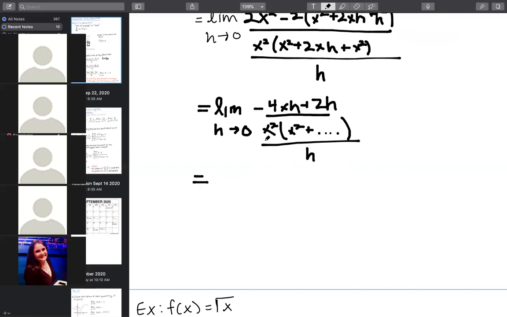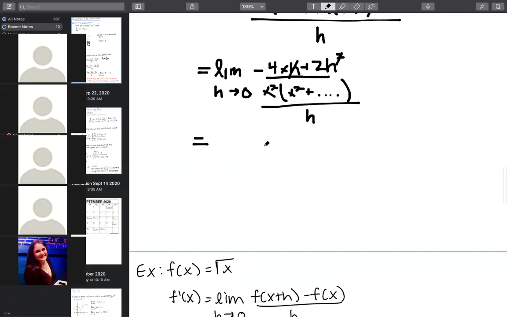As we cancel an h in the numerator, we just get negative 4x plus 2. Oh, no, I think this is supposed to be 2h squared. Yeah. So that was supposed to be squared, and we'll cancel that. And then we're going to end up with the limit, and that also cancels that in the denominator.